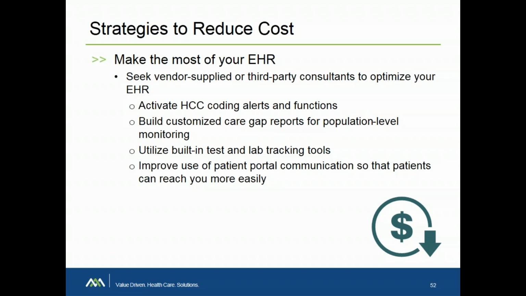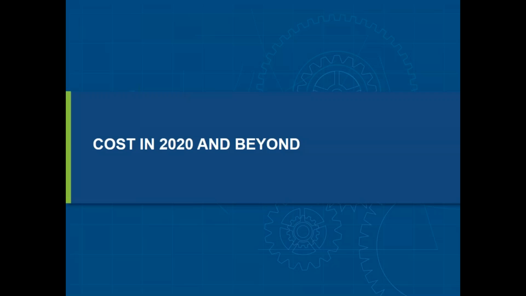For instance, maybe there's an HCC coding alert functionality that is not turned on that would help your providers be alerted when a patient maybe hasn't had proper coding. And maybe there are ways that they can teach you to improve the use of the patient portal so that patients can reach your office more easily without undue stress on your staff and physicians. Next slide.